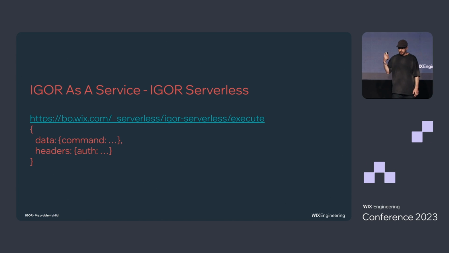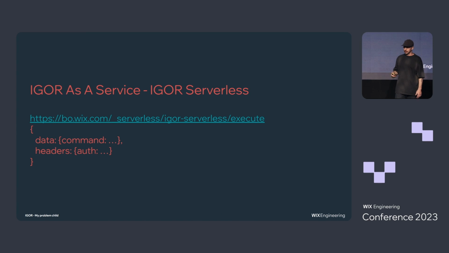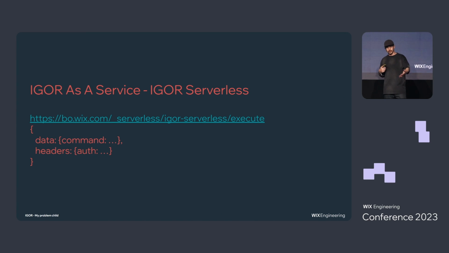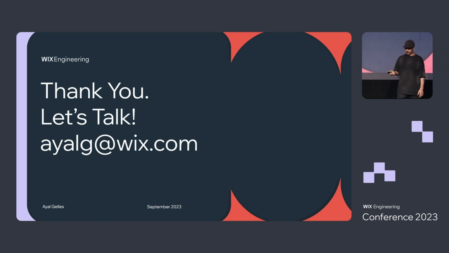And actually the demo that you saw at the beginning of this presentation, where I talk to IGOR and it does what I say and it answers back, is written on top of IGOR serverless, where code execution is just an implementation detail. So thank you all very much.